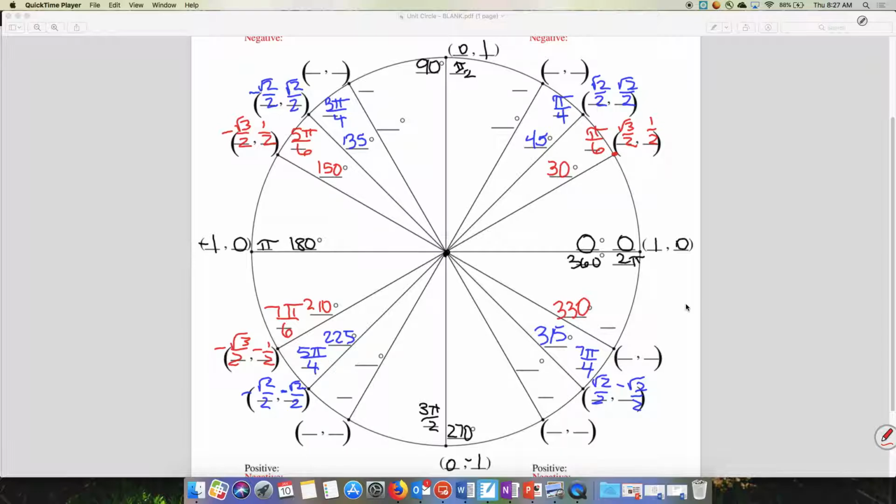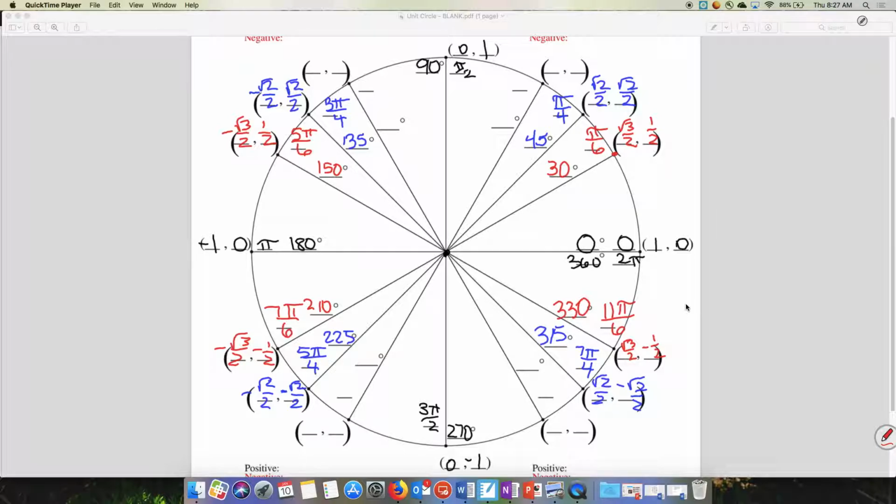We are pi over 6 away from 2 pi. 2 pi is 12 pi over 6. Knock 1 off. 11 pi over 6. Okay. And if we follow our triangle, we would move to the right, radical 3 over 2, and then down the short side 1/2.